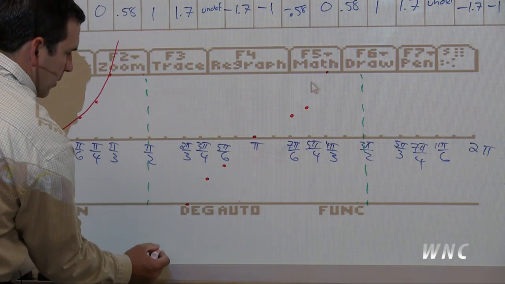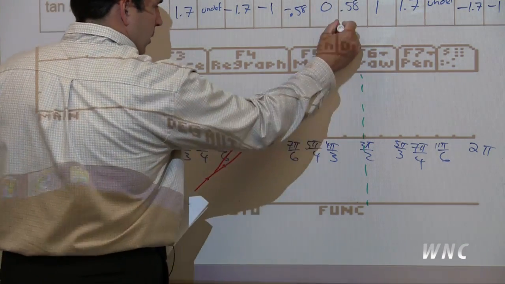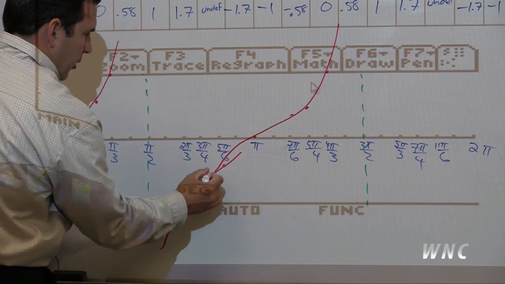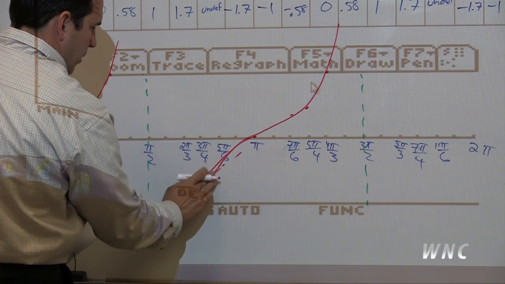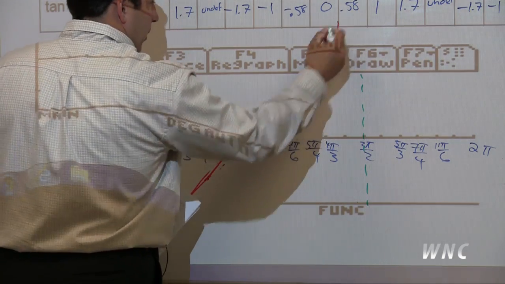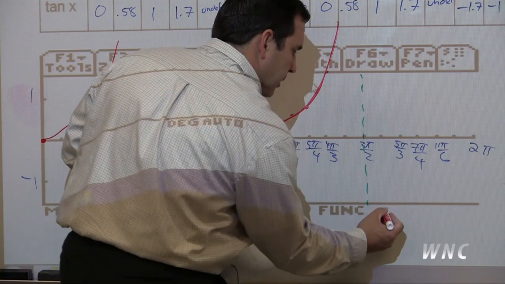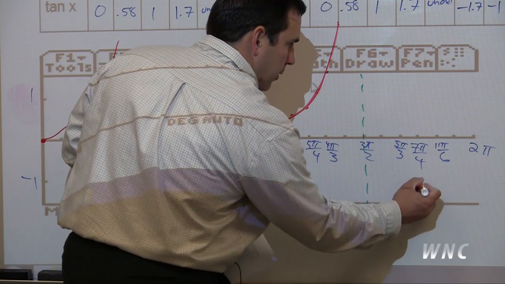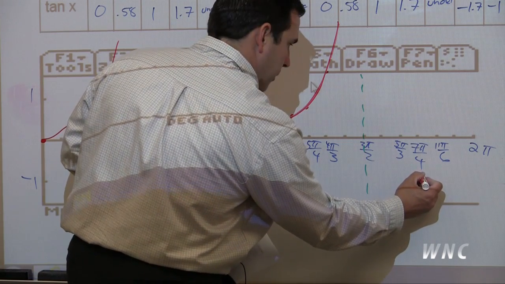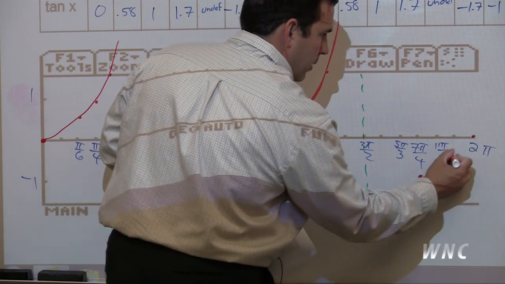So we have this kind of shape going on here. Looks almost like a cubic function. There we go. And then we continue this process. Starts down here, we're up to right about there, there, and there. And we're stopping.